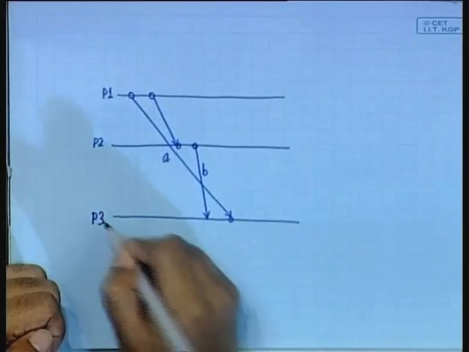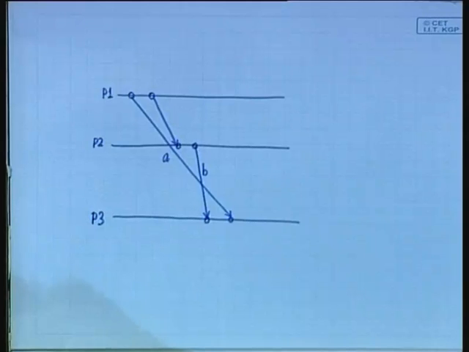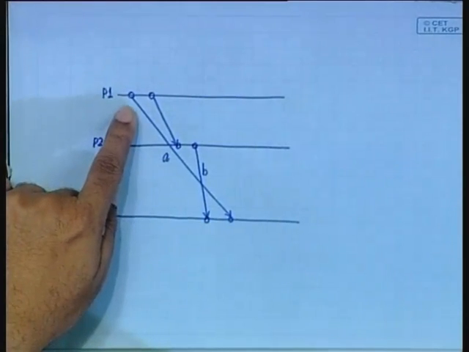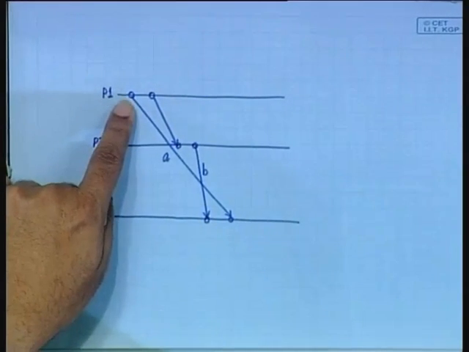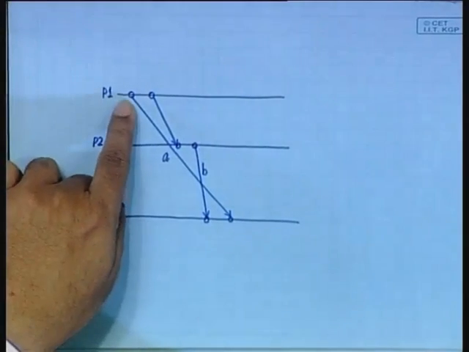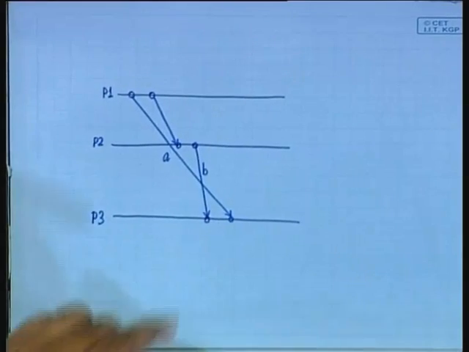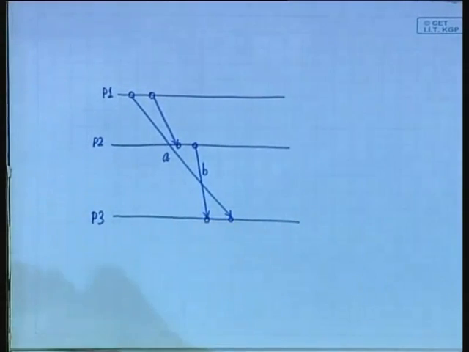Now, see, the problem is in P3 I have got the messages out of order. Note that there is a happen before relationship between the send of A and the send of B. Send of A happened before send of B, but I got B before A, right. I want to order it, right.